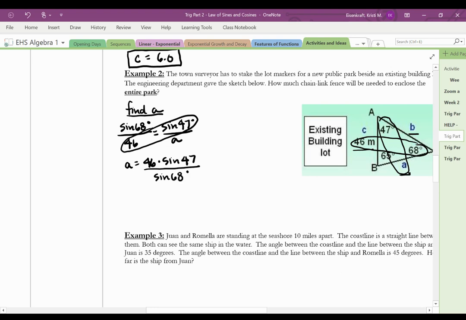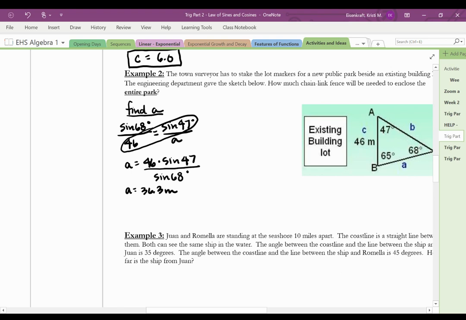So I'm going to do 46 times sine of 47, enter, divided by sine of 68. I got 36.3 feet. Meters, just kidding.